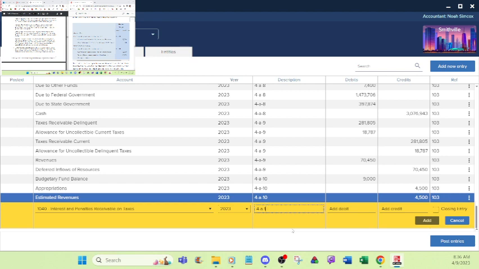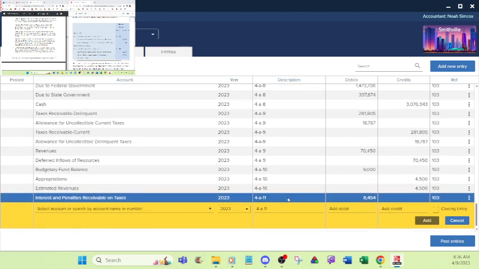Oh, come on. The amount of 8,454, and then allowance for uncollectible interest and penalties.